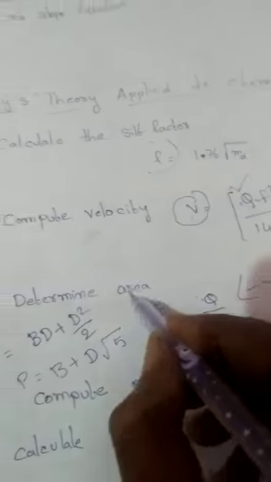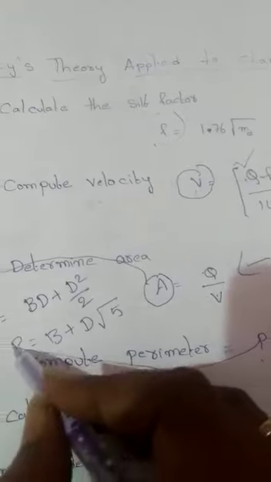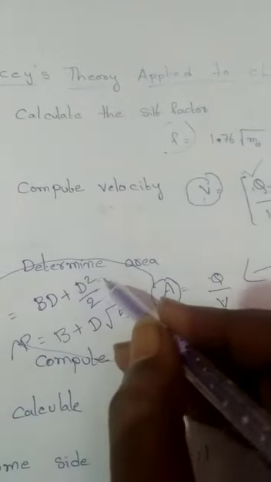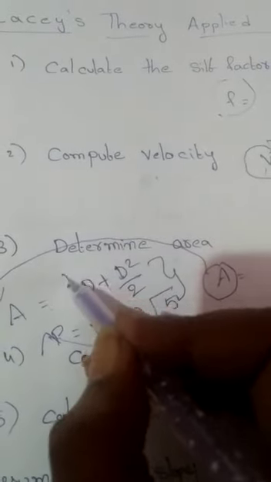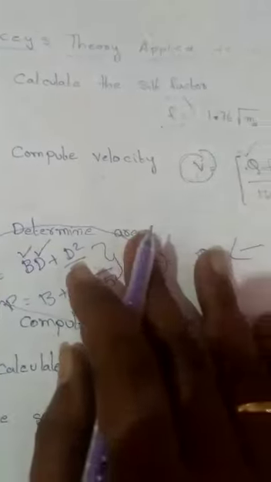Here we have already calculated the area and the perimeter. So substituting those two values in these equations, we are able to calculate B and D. Then assume the side slopes. So here we have an idea of the width and the depth of the channel.